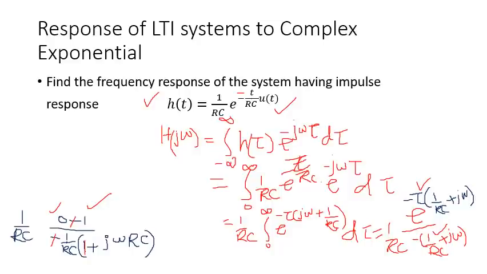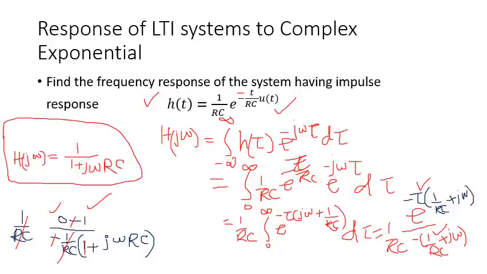Now this 1 by RC cancels with this 1 by RC, so that means I get H of j omega equals to this. This is the frequency response we have found.